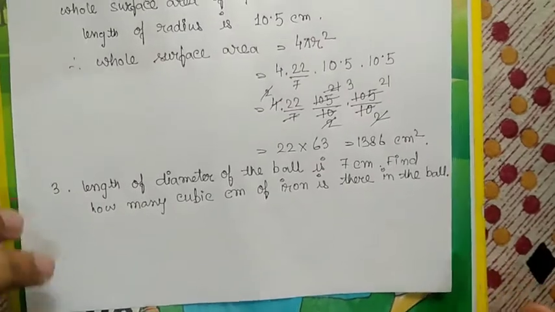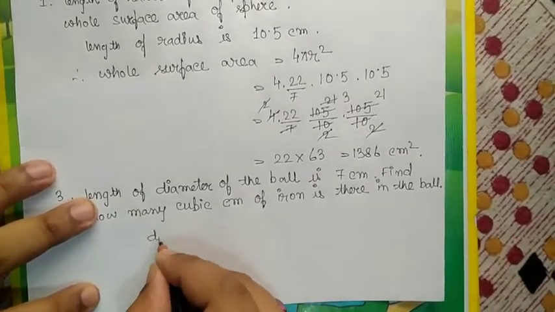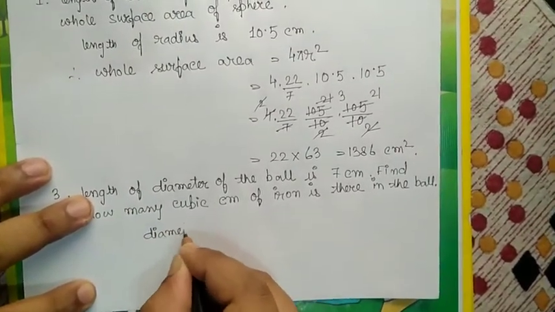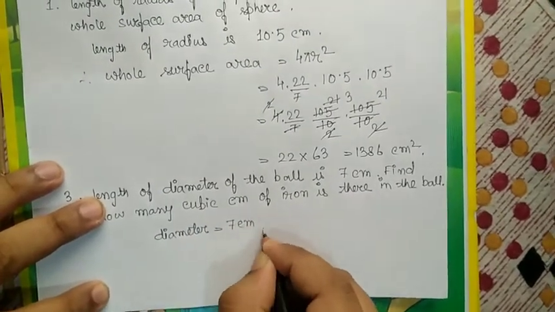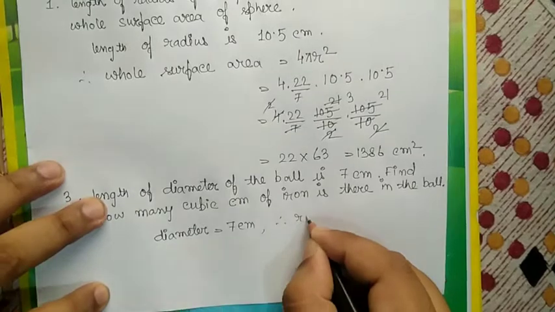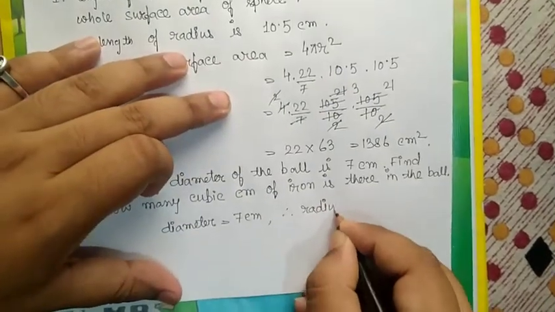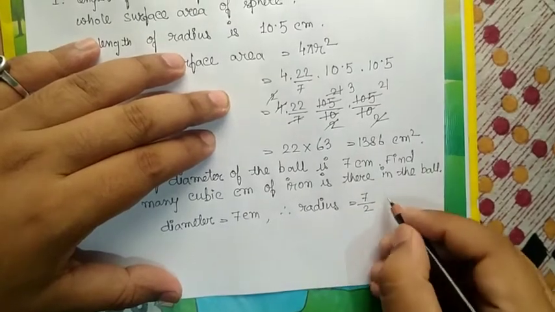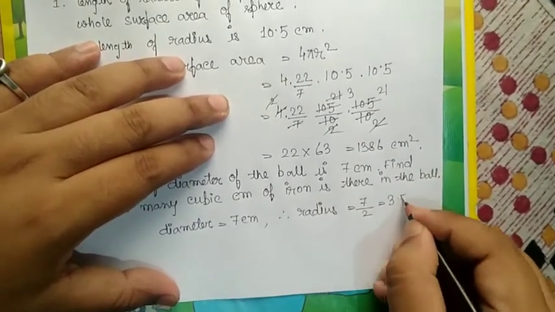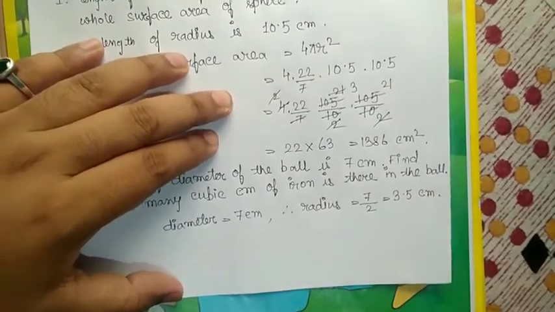Now, here the diameter is given. Diameter equals 7 centimeter. Therefore, radius equals 7 by 2, that is 3.5 centimeter.